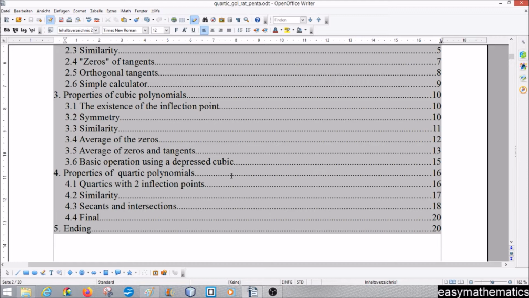We will discuss in particular quartics with two inflection points, and we discuss also similarity like for quadratics and cubics, and we have also a nice property involving secants and intersections, and then we get the final. That's what it is about.